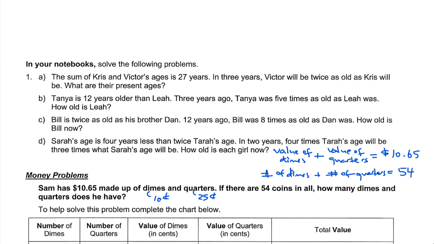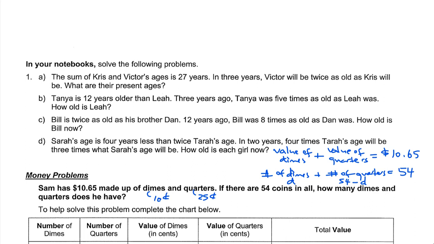If I knew there's 20 dimes, then it would be 54 minus 20 quarters. If I knew there were 51 dimes, then the number of quarters is 54 minus 51. So if I knew that there were d dimes, give it a variable, then the number of quarters would be 54 minus d. Okay, and that can be my let statement, and then we can set up the equation.